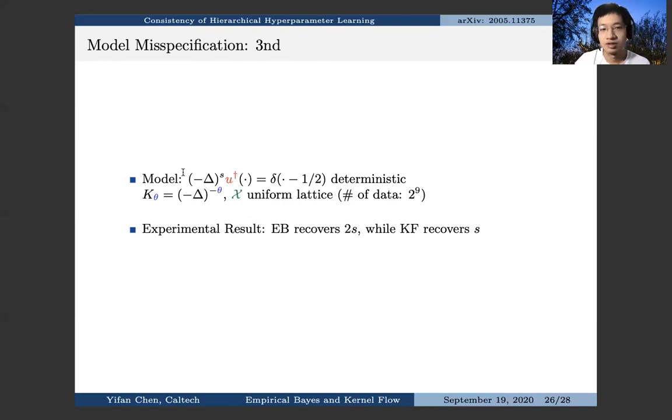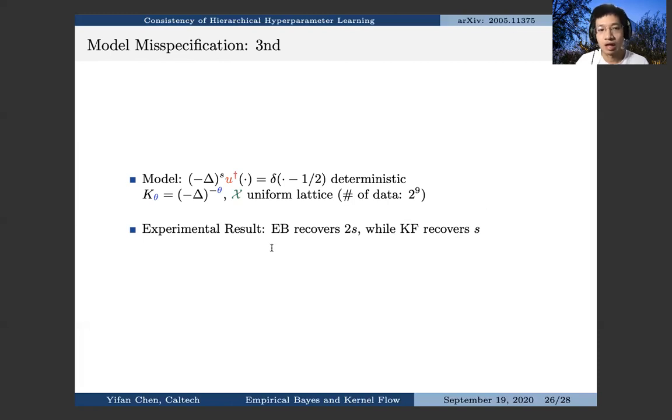Interestingly, even in this deterministic setup, the experiments show EB will recover 2s as the data goes to infinity, while kernel flow will recover s. So it's very interesting that even in this setup, we have some sensible limits. In our paper, we have some discussion on why this is achievable.